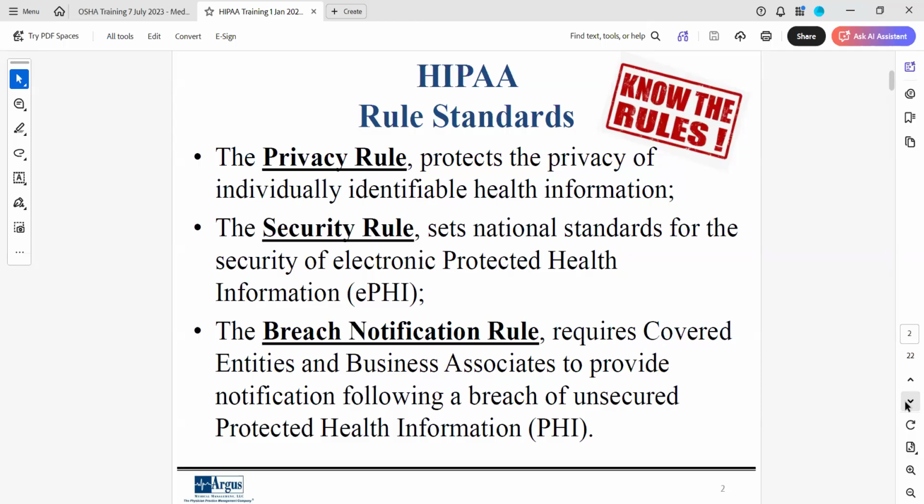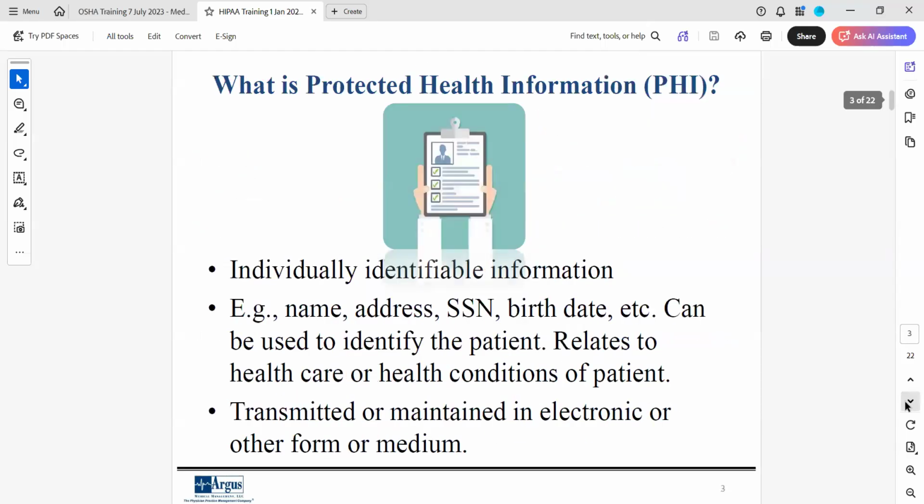This would be similar to those alerts we're always getting from our email or vendors that say, hey, there was a breach and your information was shared and this is what was shared.